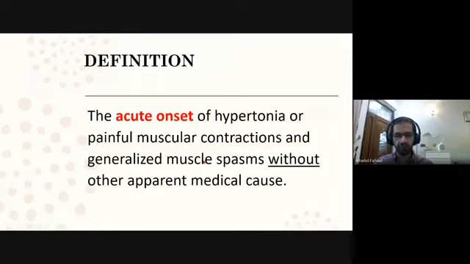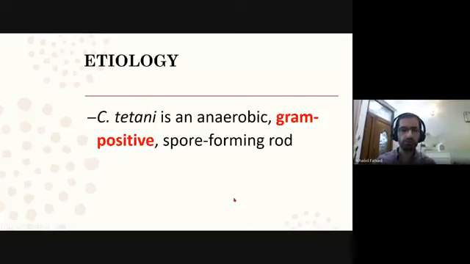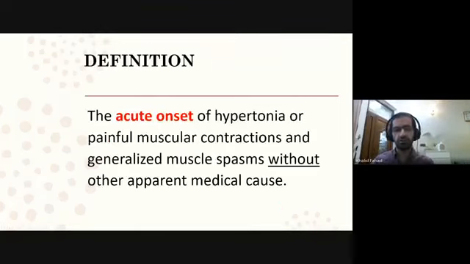And generalized muscle spasms without other apparent medical cause, because there are a lot of causes of muscle spasms. So if you have a patient with an acute onset, within hours to a few days, of painful muscle contractions after exclusion of other causes, this is definitely tetanus. Okay, so this is the definition of tetanus.